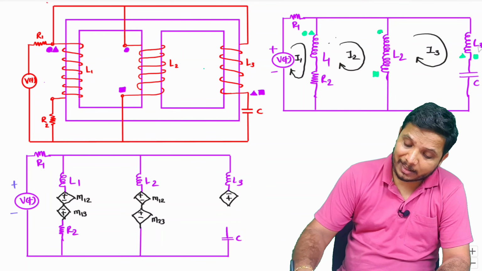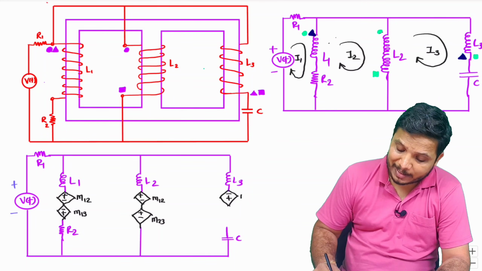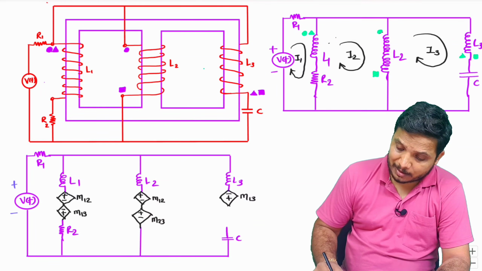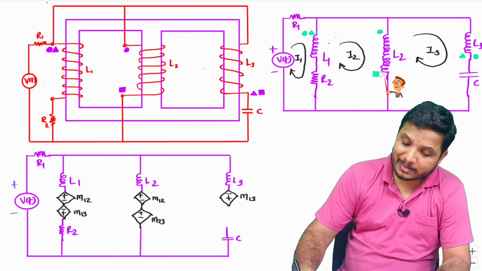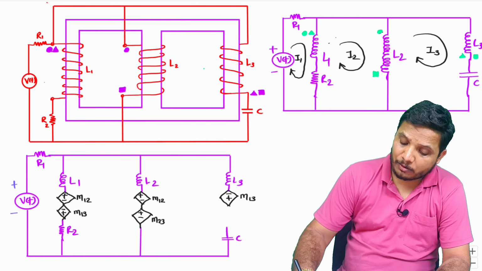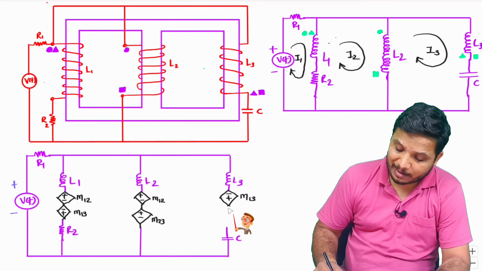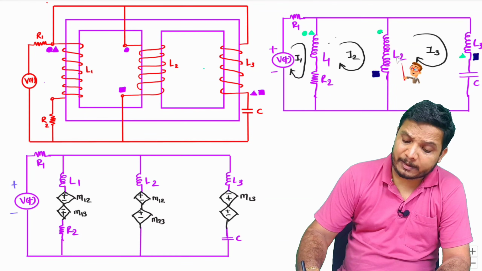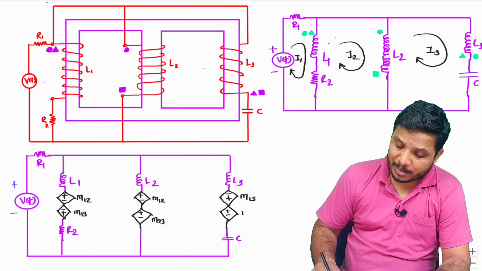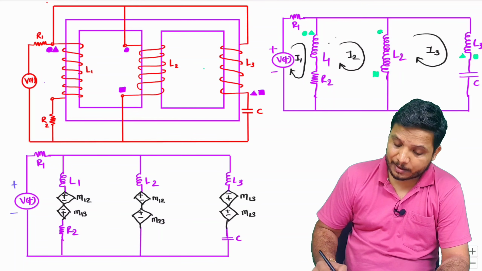L1 and L3 have mutual induction M13. Now we have the square that is also associated with L2. Both are leaving, so leaving means plus minus sign, and between L2 and L3 it will be M23.